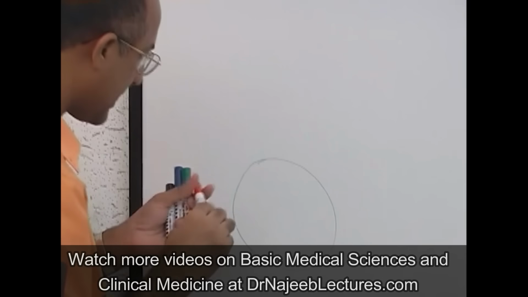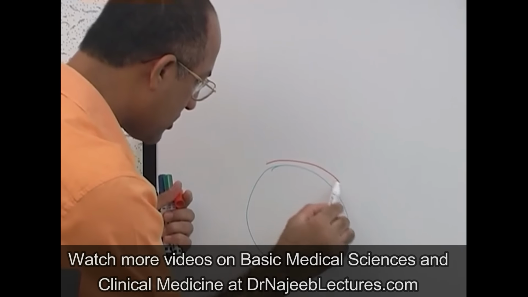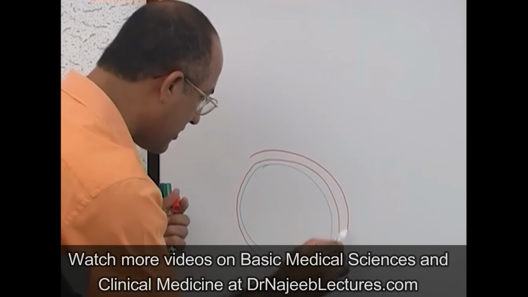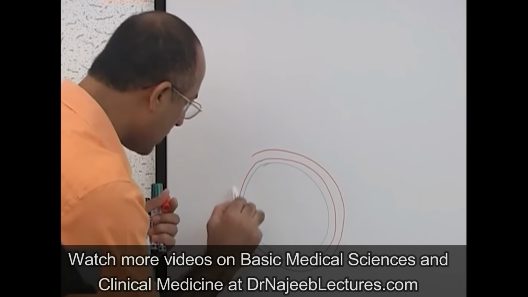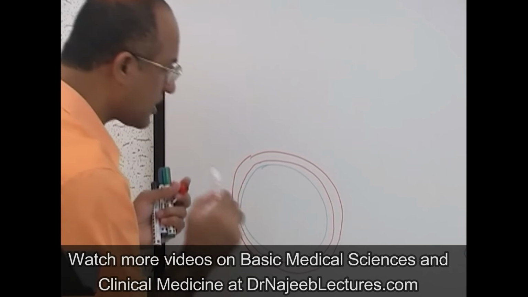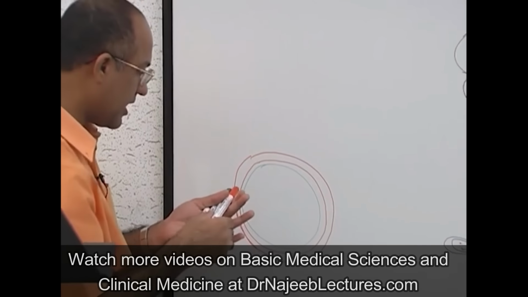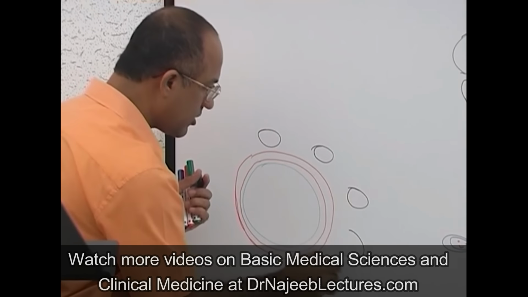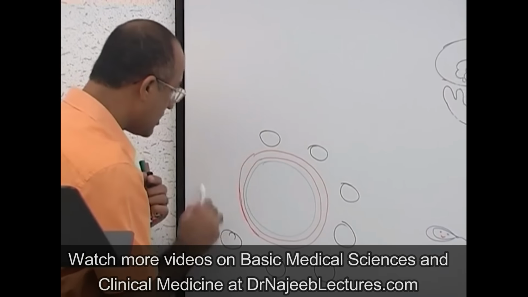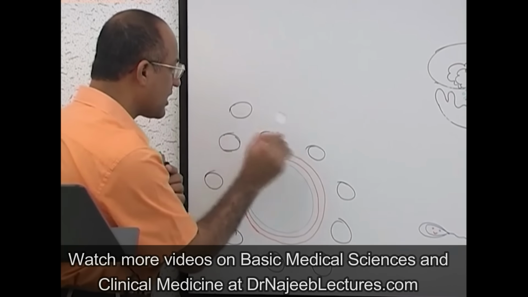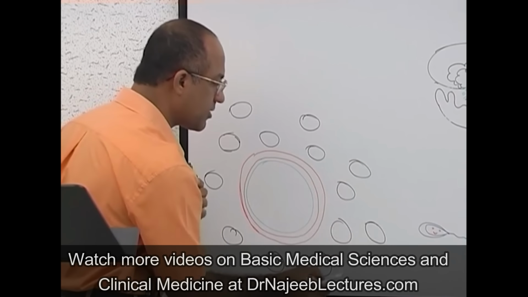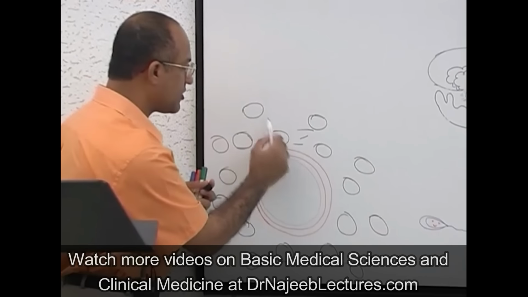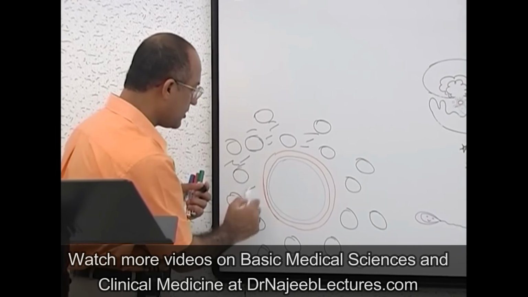Ovum, this is, and it has a special glycoprotein covering called the zona pellucida, and then around it, it has its friends called the corona radiata. And the corona radiata cells are held together by some connective tissue containing hyaluronic acid, which helps them to be held together.